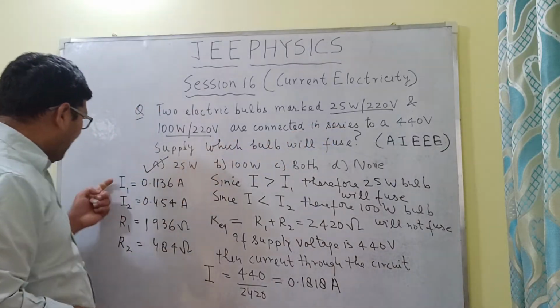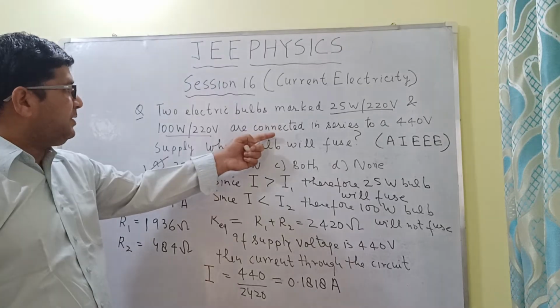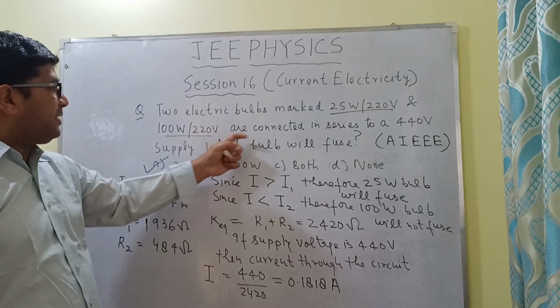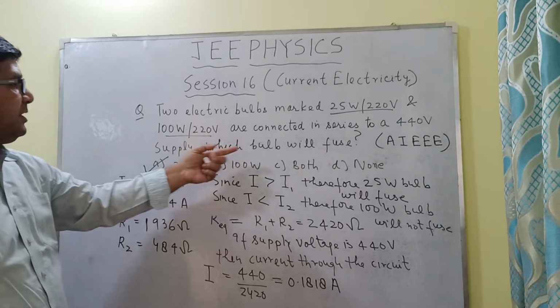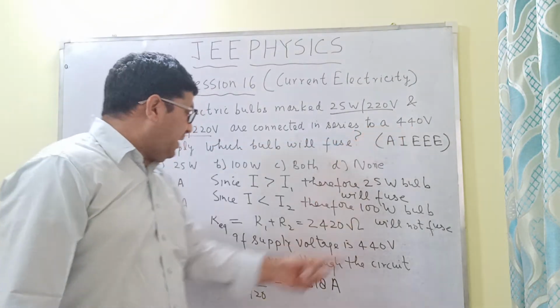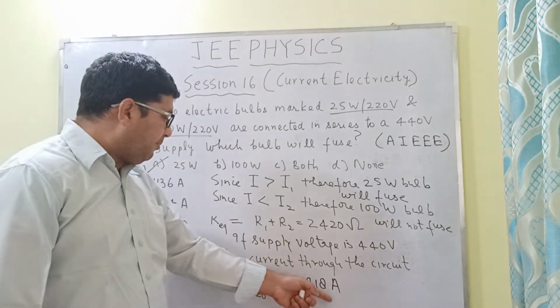ठीक है, that I have calculated here, and then I have calculated the equivalent resistance of the circuit in which these two bulbs are connected in series. Okay, and after that, since it is connected to a 440 volt supply, I have found the current which is flowing in that circuit, that was equal to 0.18 ampere.